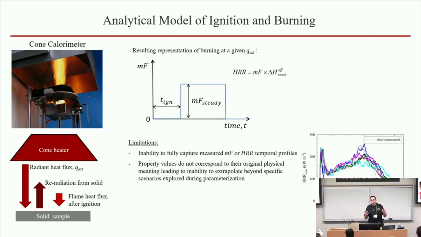Because of that, there is a strong possibility that when you extrapolate this model beyond the conditions examined here, for example to conditions where the radiant heat flux changes with time, you end up with results that do not correspond to the physical reality.